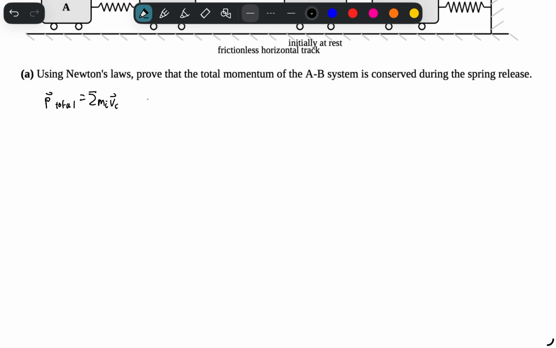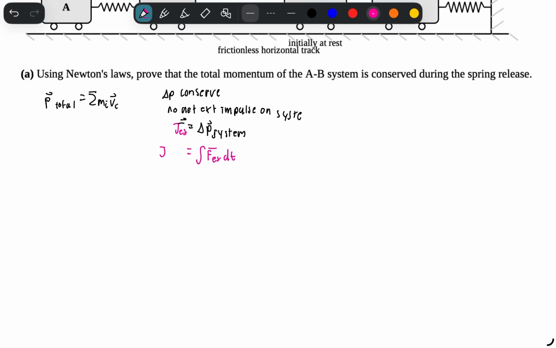So we know that we are going to have delta P conserved when we have no net external impulse on the system, where we say that our impulse is equal to the change in our system's momentum. And as an extension, this can be represented as the integral of F external dt.